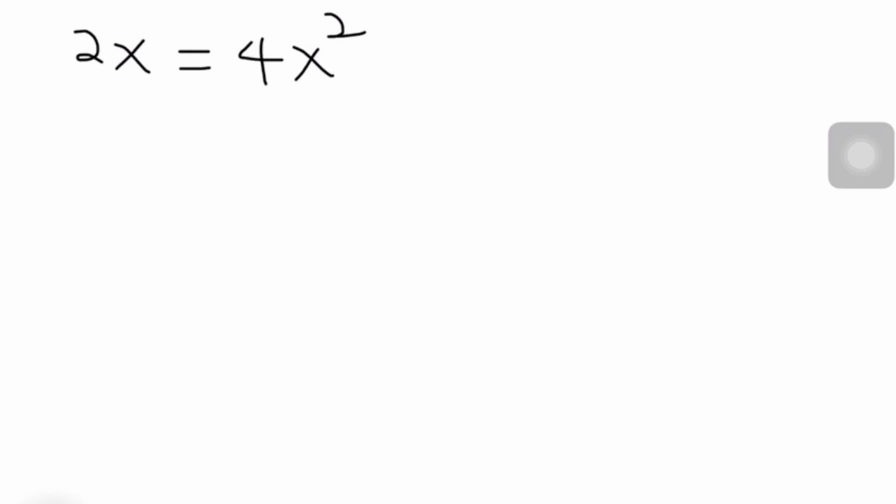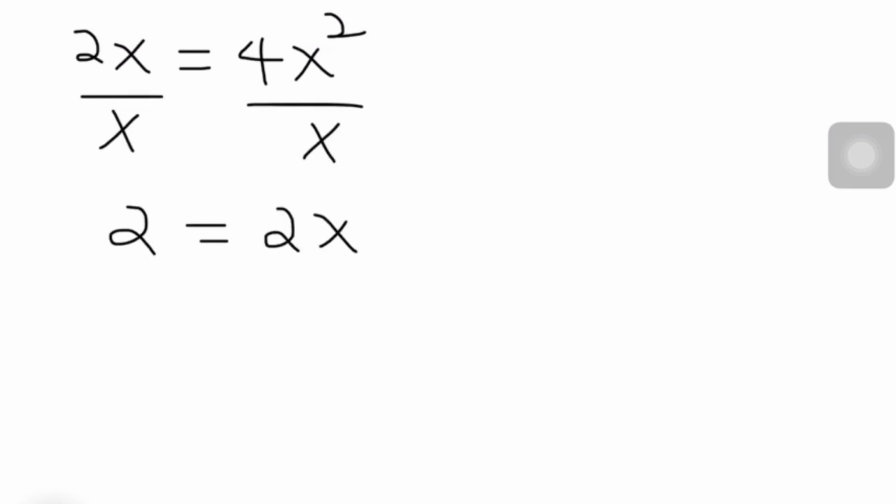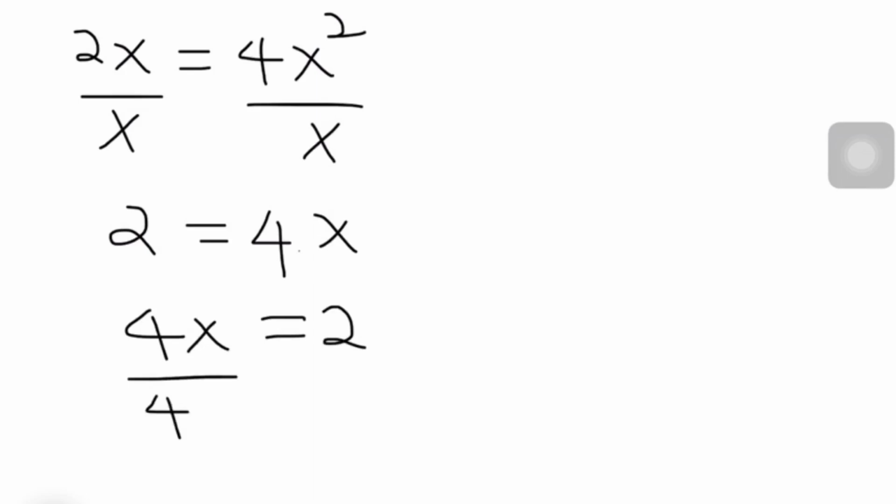We can divide by x first, and therefore here we'll have 2 is equal to 4x. So it's like we have 4x is equal to 2. Divide by 4, divide by 4, and our x is equal to 1 over 2. So we have the value of x, which is 1 over 2.